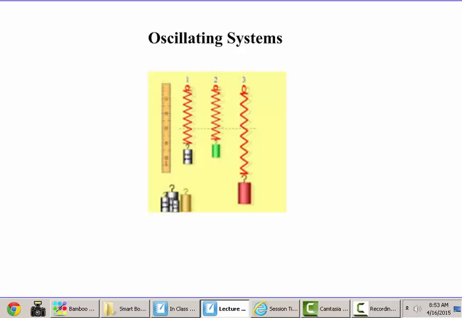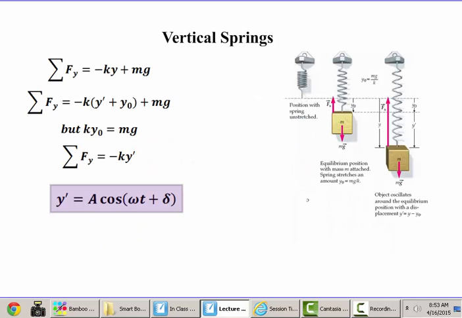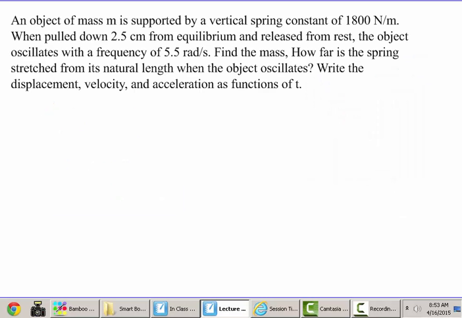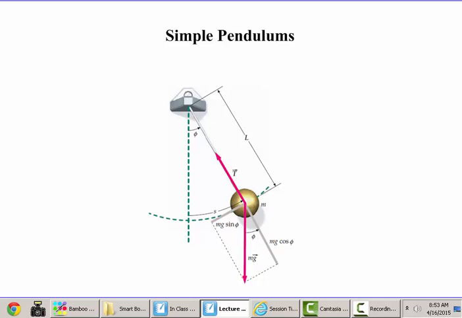All right, let's see if there's anything else. I'm going to skip through this because some of this is just repetition. On pendulums, I'm going to wait and do those when we do the review for AP.